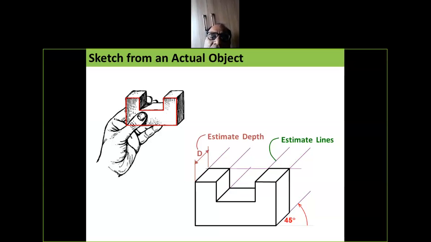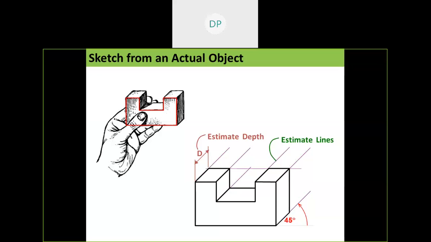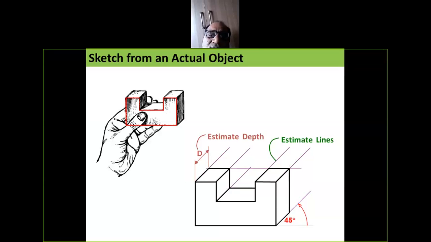The true shape comes in front, and we draw the side by making a 45 degree angle for the depth, to show the estimated depth. So this is the case of oblique projections.